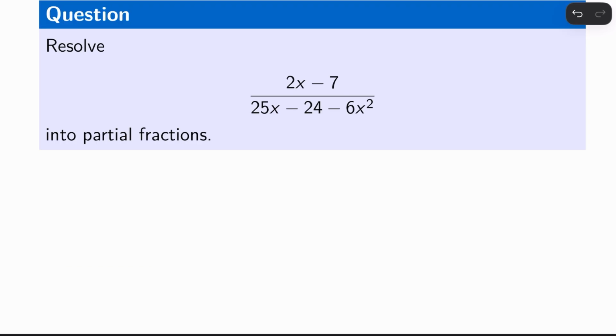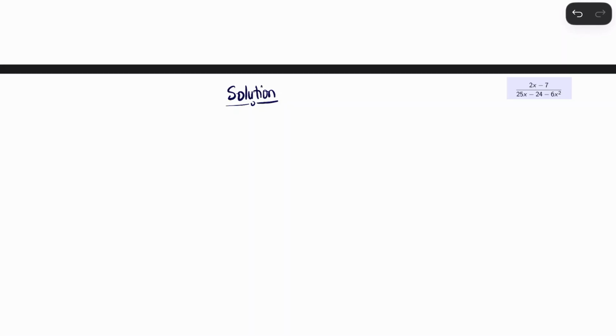With our next example, we are to resolve (2x minus 7) divided by (25x minus 24 minus 6x squared) into partial fractions. Solution. So here we have 2x minus 7 divided by 25x minus 24 minus 6x squared, right?